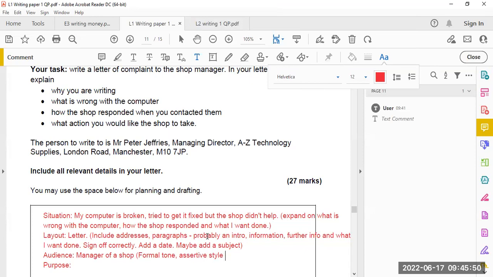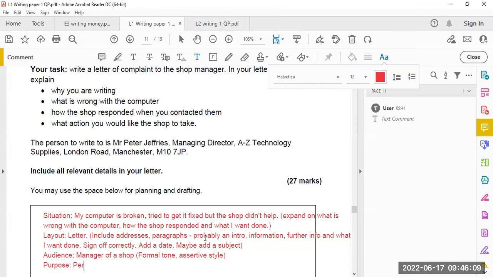I know my rights. I know that they need to fix it. I bought it from them. We already know that the shop maybe wasn't as helpful as they could be. So I'm going to be quite assertive. I'm in the right here. I'm not asking for anything from them other than to basically do what they're supposed to be doing. I'm not going to be rude, but I am going to be assertive.